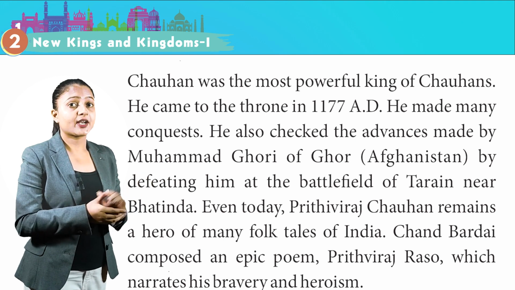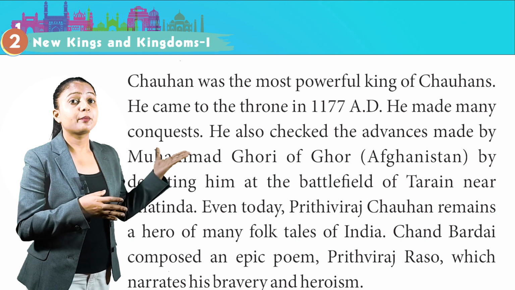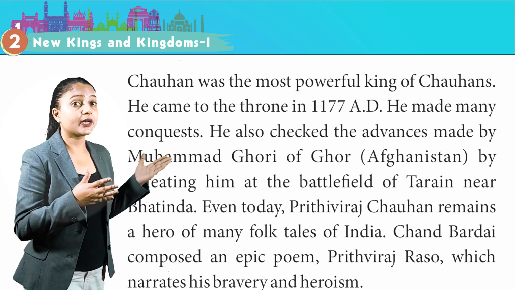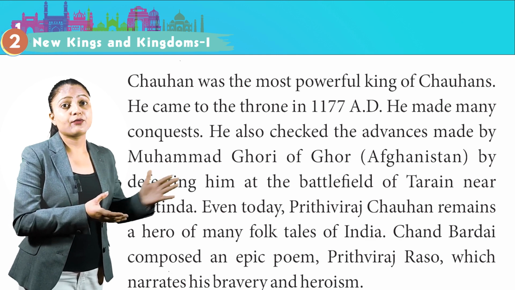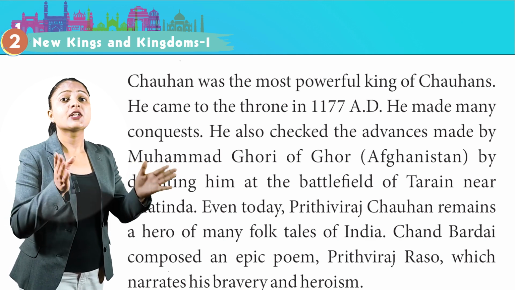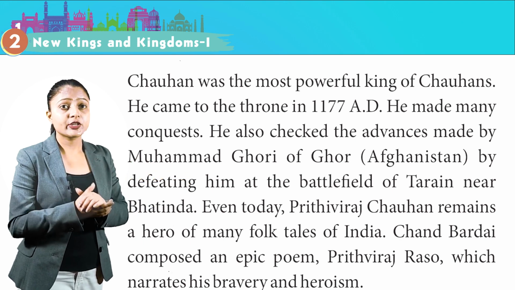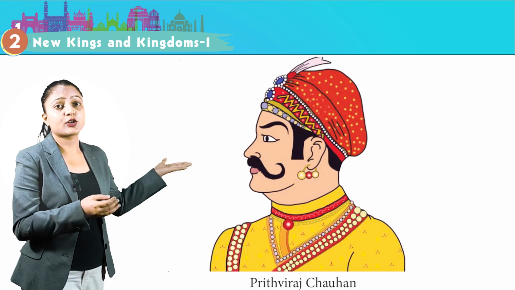He also checked the advances made by Muhammad Ghori of Ghor, Afghanistan by defeating him at the battlefield of Tarayan near Batinda. Even today, Prithviraj Chauhan remains a hero of many folk tales of India. Chand Bardai composed an epic poem Prithviraj Raso which narrates his bravery and heroism. This is the photo of Prithviraj Chauhan.